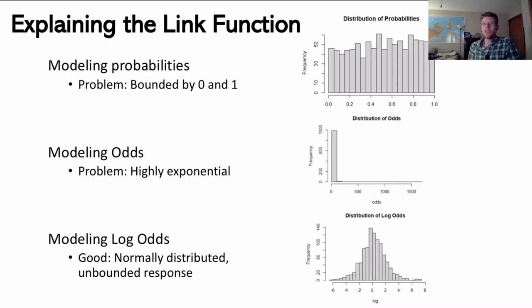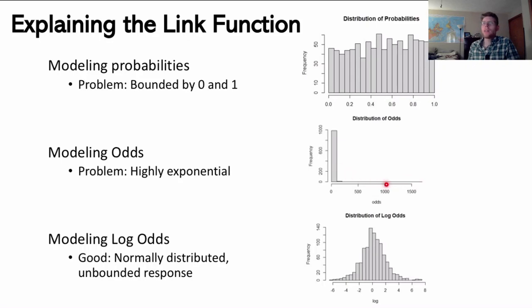Now if I turn this into the odds, so if I take these probabilities and instead calculate the odds using probability over 1 minus probability, I get a distribution that looks like this, where most of my odds are going to be quite low. They're going to be around 1, or between 0 and 1, or just above 1. And then I'm going to have this skewed distribution of odds where I can get some really, really high odds as well.